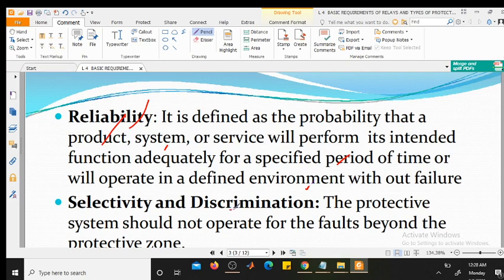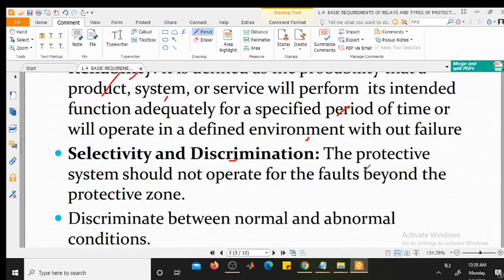Next is selectivity and discrimination. Selectivity is that whatever system we are protecting, the protection should work within its zone of protection. Suppose consider generator C and its zone of protection is this one.